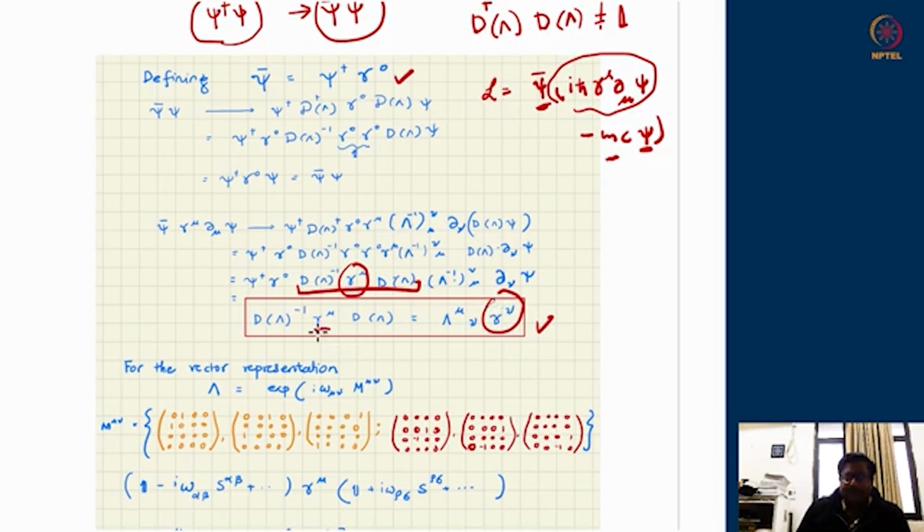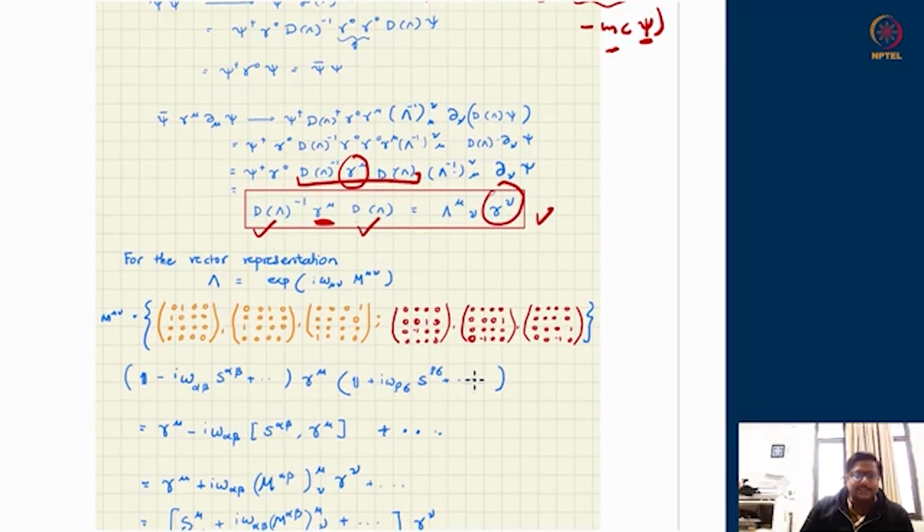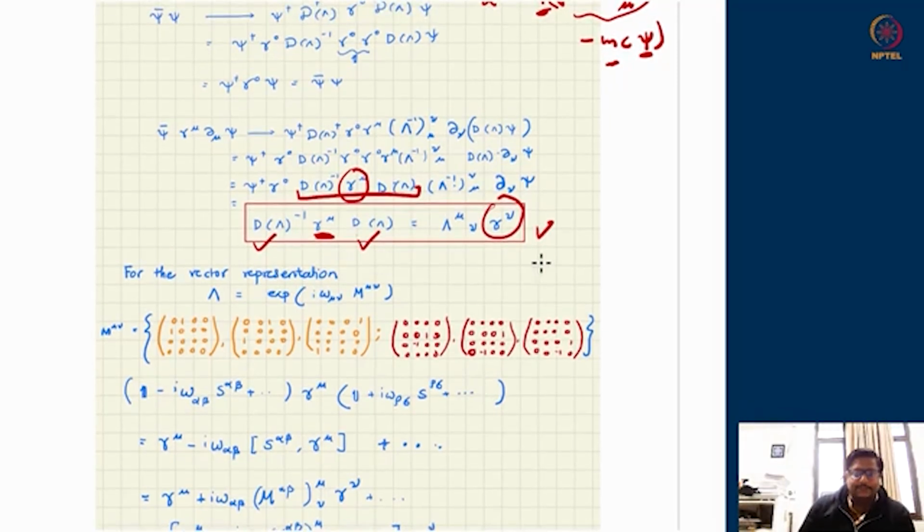But a matrix transforms under Lorentz transformation as a similarity sort of transformation where you multiply D inverse and D from the left and the right. The end result happens to be that it almost transforms like a normal vector. Forgetting about its matrix structure, gamma mu transforms indeed like a normal vector. Only catch is that gamma mu are matrix objects, not real numbers. So if this happens, then you can see what is happening inside.